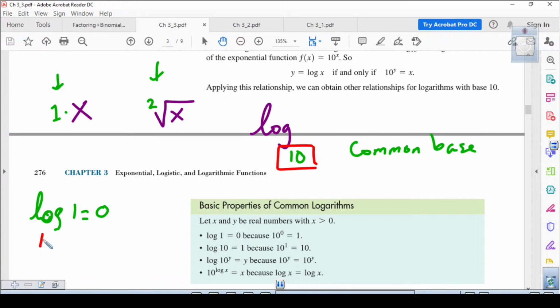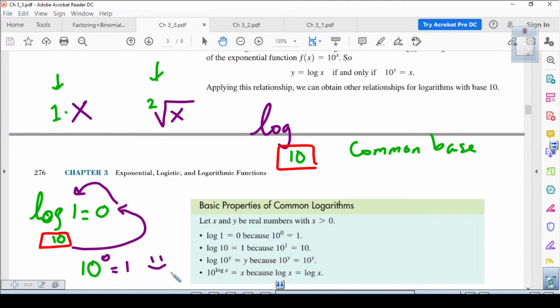There is a hidden 10 here. And let's see if that actually makes sense. I'm going to verify if this is true. Well, 10 raised to what power? Walk me through it. Exactly, to the 0. Does that give you 1? Yeah. 10 raised to the 0 power equals 1. So that works. This property is true. So if there's no base, there's always a 10. Don't forget that.